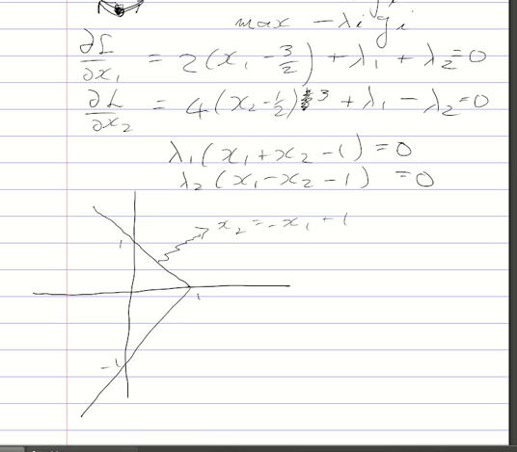If I change that equation a little to put x2 in front, with the x1 axis to the right and the x2 axis to the top, then the second line is x2 is equal to x1 minus 1.